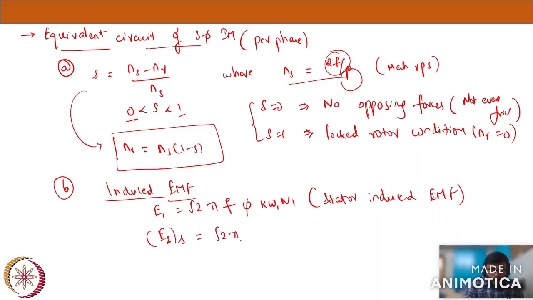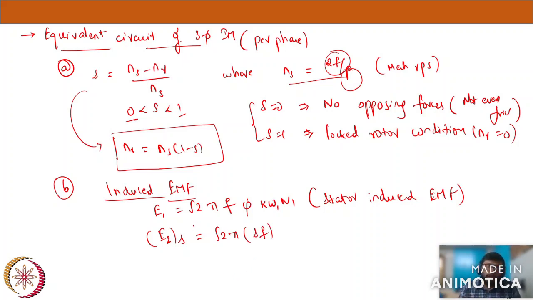So root 2 pi, and we discussed last week the frequency with which all the electrical quantities within the rotor will vary. If our supply frequency is f, the electrical quantities in the rotor, that is voltage and current across the secondary and also current through the secondary winding, will have the frequency sf, which we called the slip frequency, or rotor frequency.